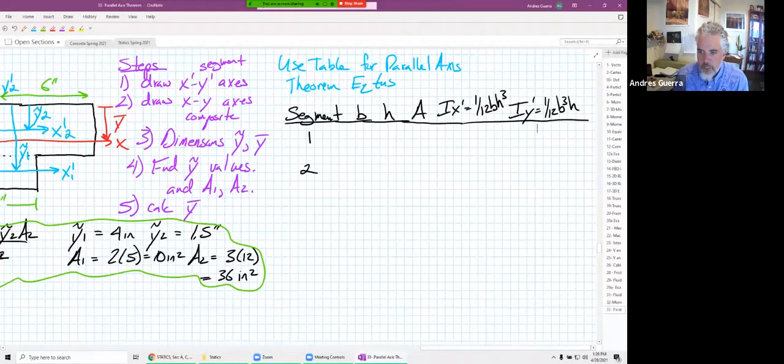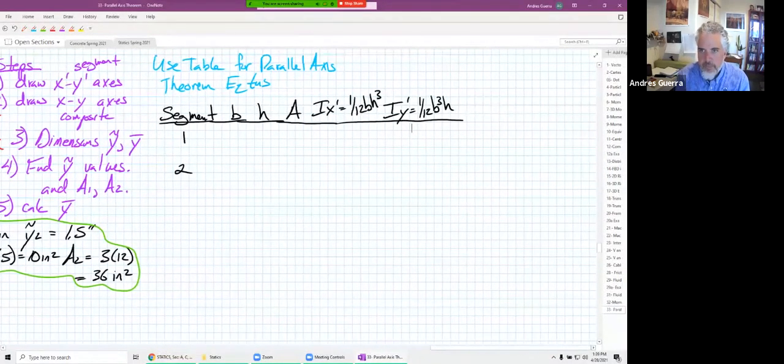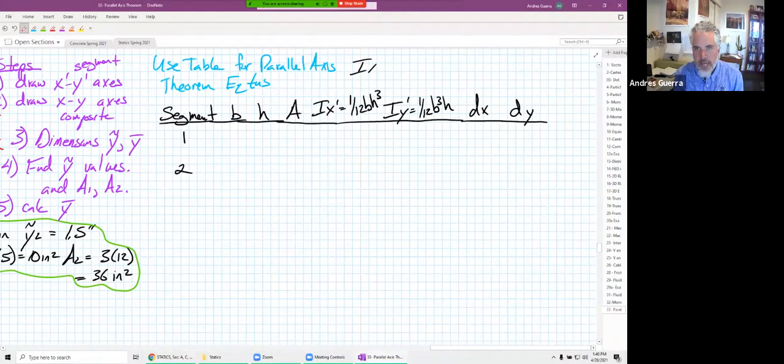And then we also need our d sub x and d sub y for each of those segments. That'll include everything that we need for the parallel axis theorem. In general, the parallel axis theorem, like for Ix, is equal to Ix prime plus A dy squared, right?